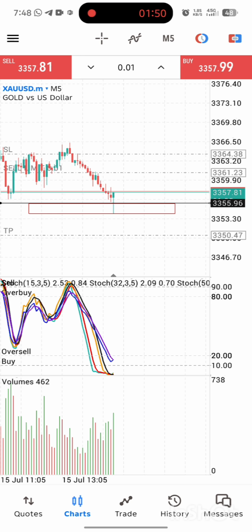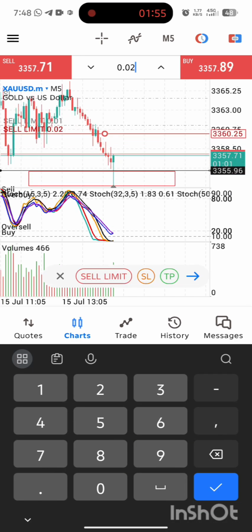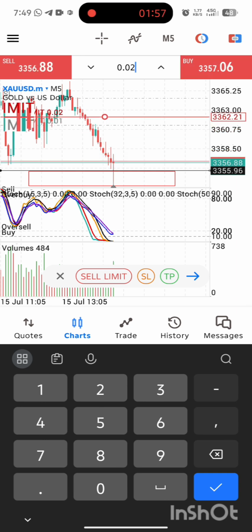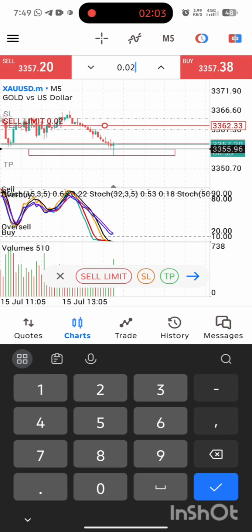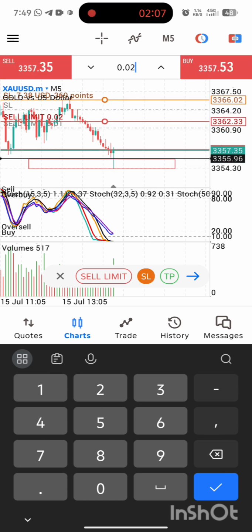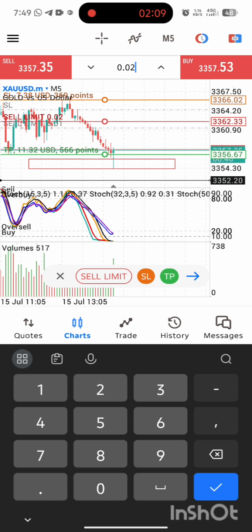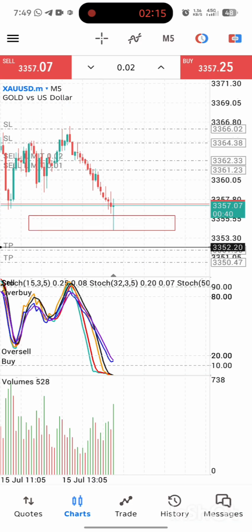And then I'm gonna put another one, 0.02, a little higher on this level over here, only if the price taps this level. Then I'm gonna put my stop loss around 30 pips, take profit about 100 pips here. So I'm just gonna put my sell order here.